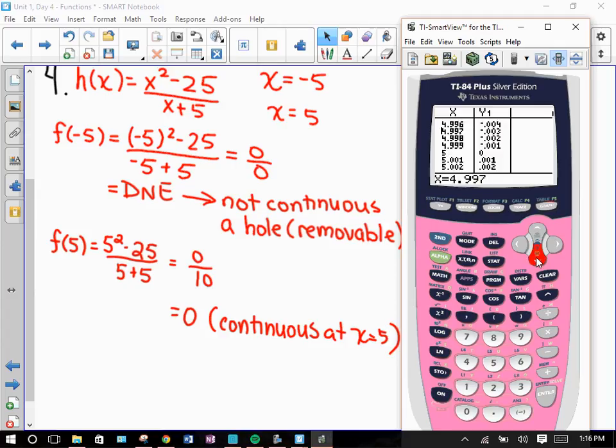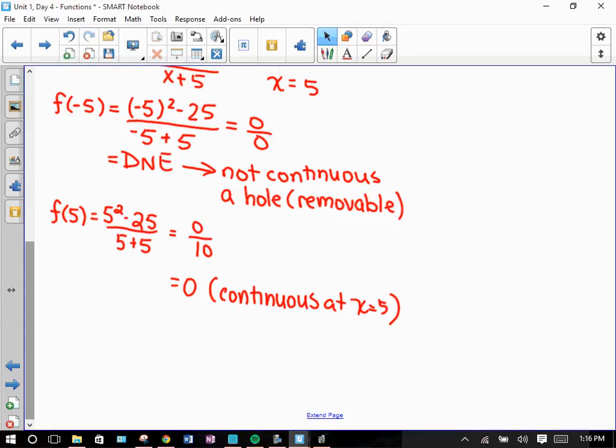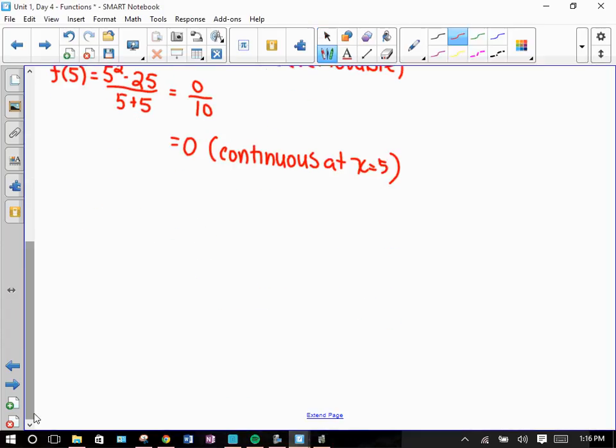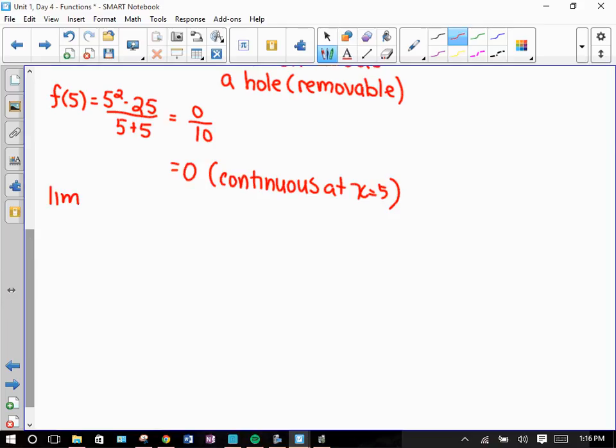So if we look at this, and we decide, alright, what is coming from the left? This is getting really close to 0. This is getting really close to 0. And then eventually gets to 0. So what we can say, to finish our conclusion, is that the limit as x approaches 5 exists because the left-hand side and the right-hand side are going to the same thing.